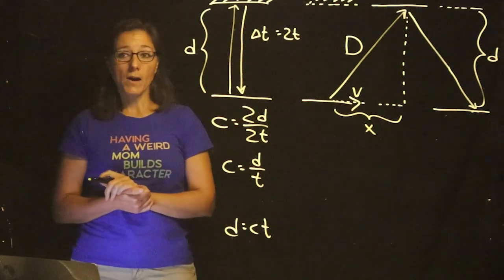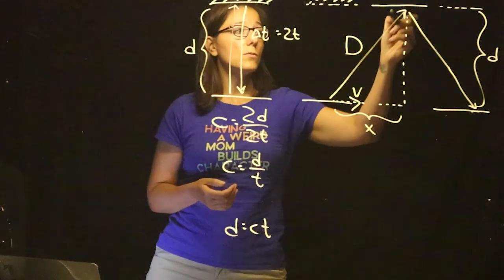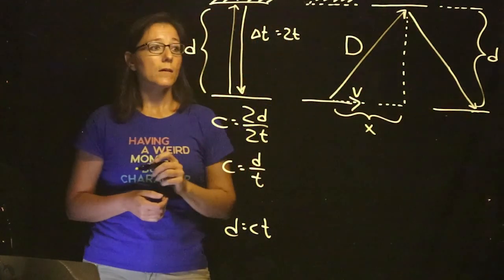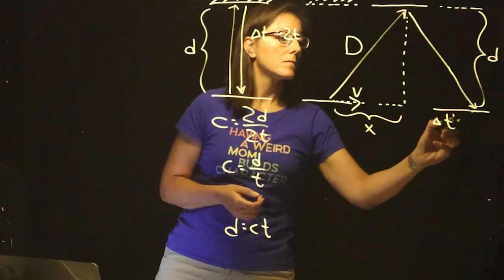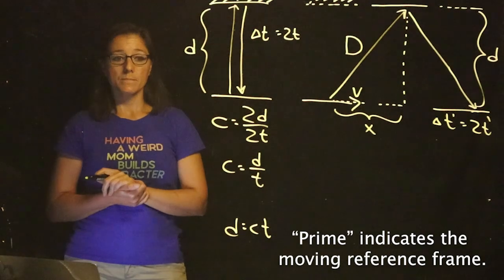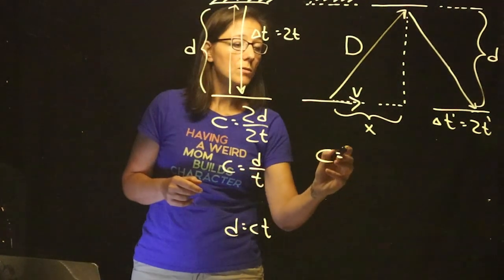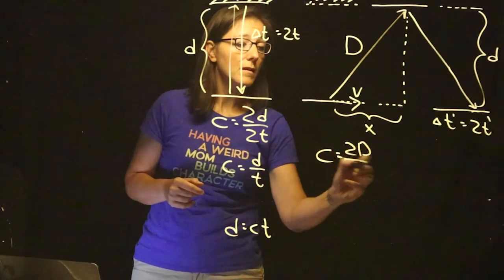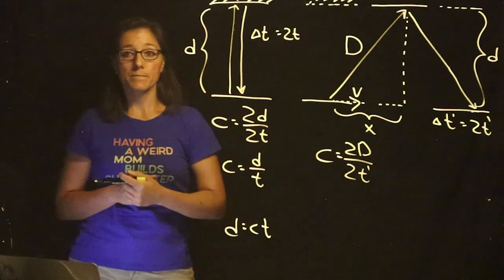So in the time that it's taken your light to travel 2D and back, we're going to call that time interval 2t prime. So the speed of light is equal to a distance 2 big D divided by 2t prime.